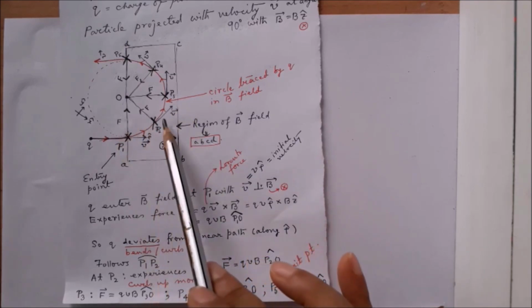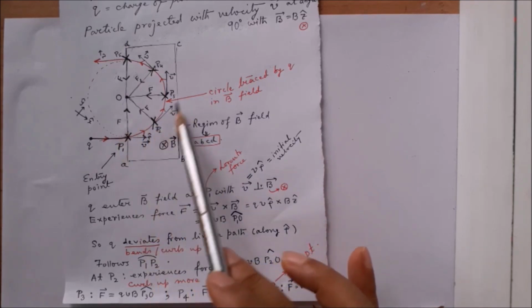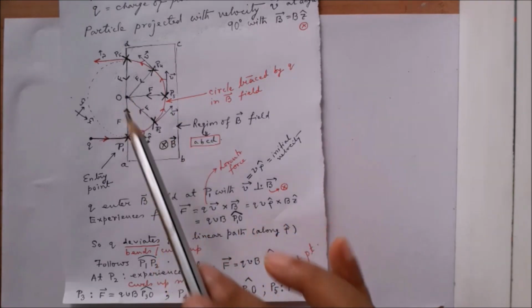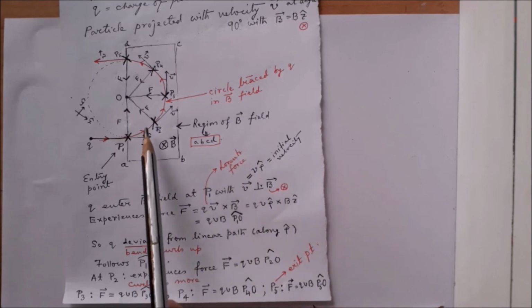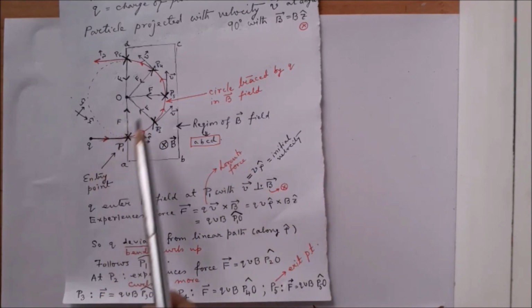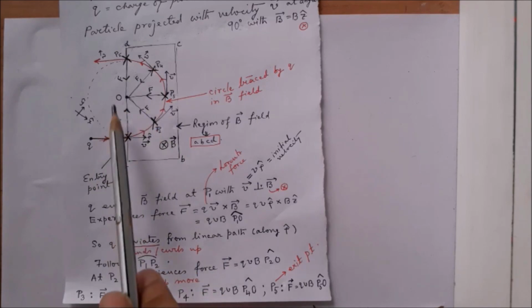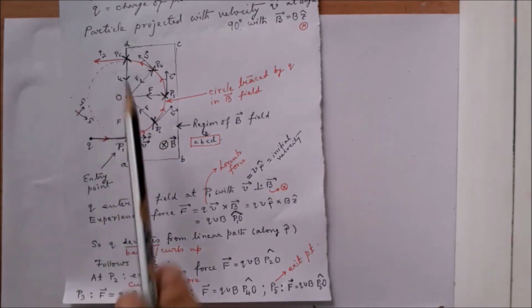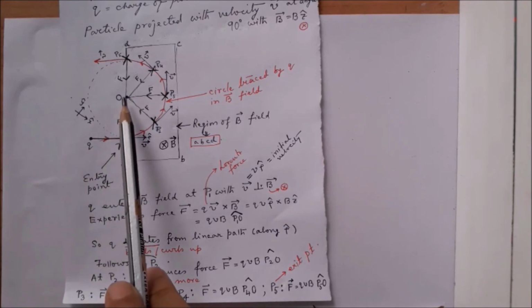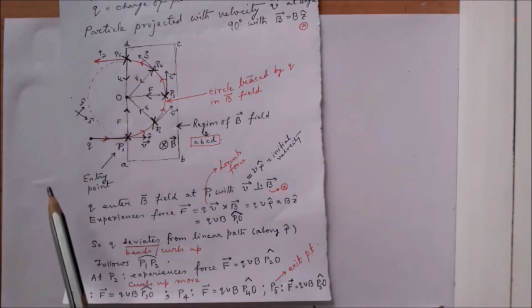So F is perpendicular to V, V is along the tangent, and therefore F is along the radius. So forces are directed along the radius, and two such F's will intersect at some point, and that will determine the center of curvature of the track.